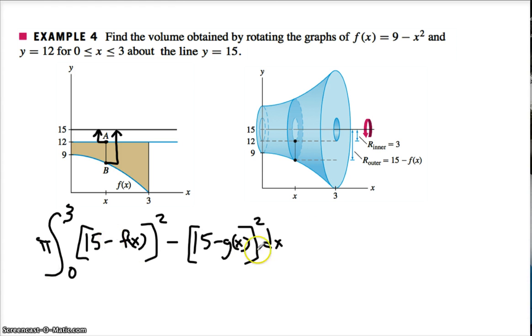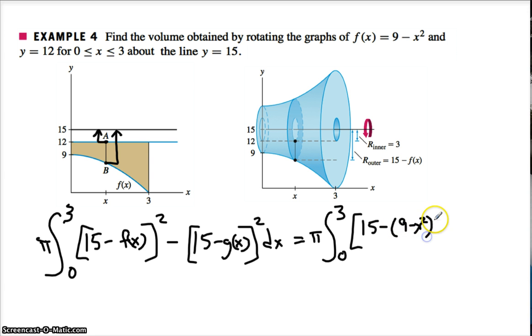Okay, so let me do that in the next step. This becomes 15 minus f of x. Now f of x is 9 minus x squared, so I'm going to put that in brackets, 9 minus x squared.